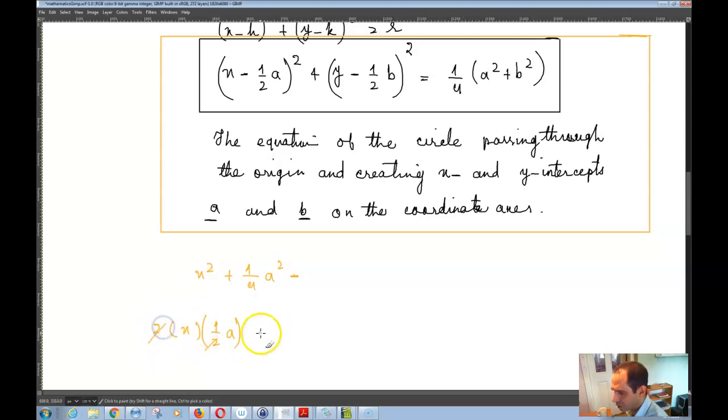The 2 and 2 cancel out, so that is xa. These two will cancel out and you will have negative xa.